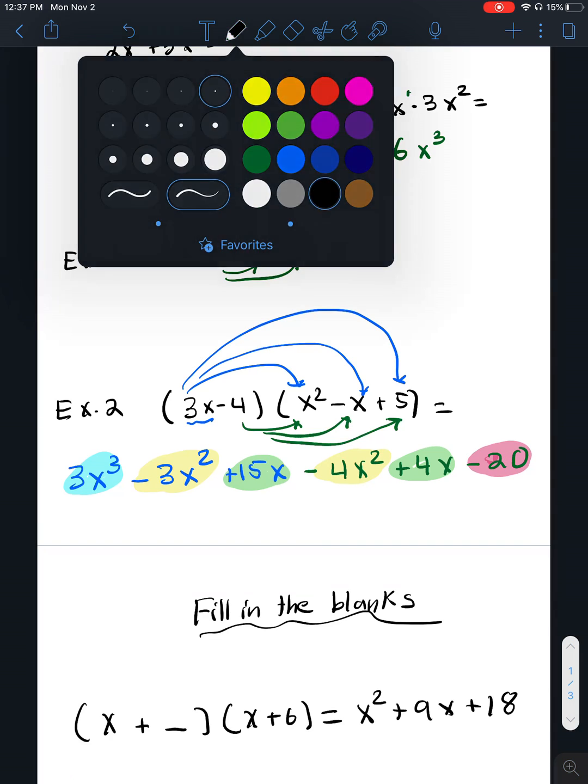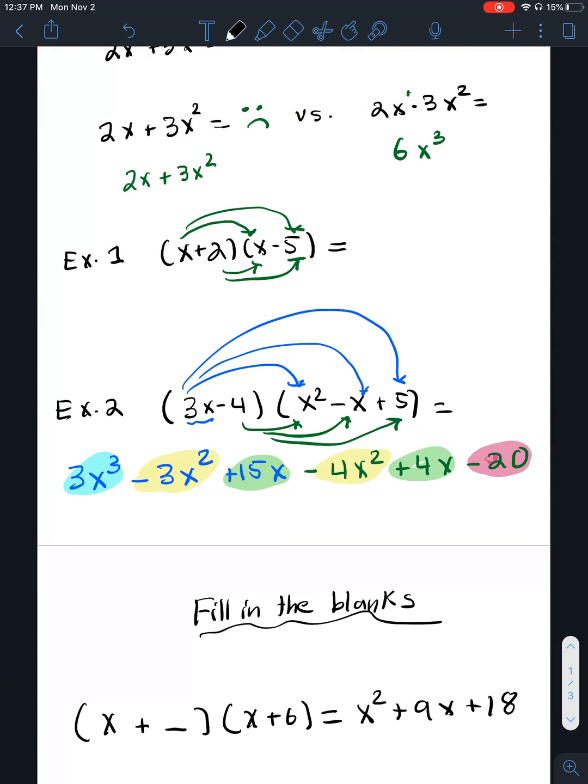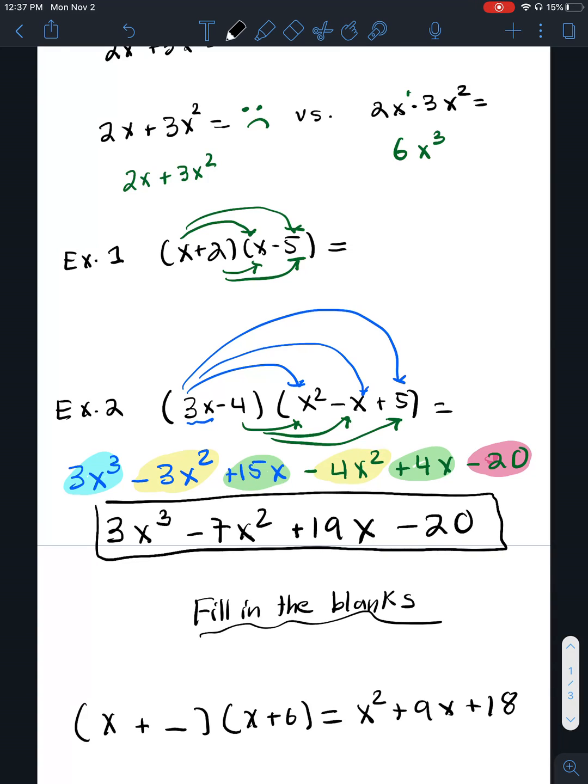And then I'm going to use black for my final answer. I'm going to have 3x cubed minus 3x squared minus 4x squared. That is minus 7x squared. So we're becoming more negative. Then we have 15x plus 4x, which gives us our 19x. And then we just have that negative 20 at the end by itself. And that's how you do an example of a binomial times a trinomial.